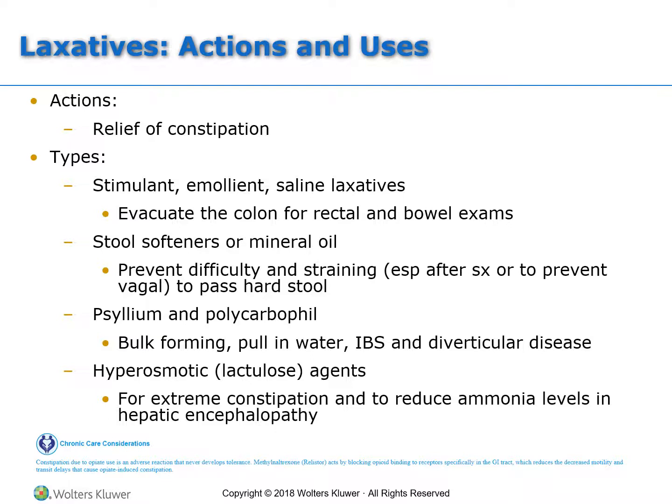Hyperosmotic or lactulose agents. This medication is used for extreme constipation, so if somebody has a partial obstruction or partial fecal impaction, to try to pass that stool. But also, and maybe more commonly, it's used to reduce ammonia levels in hepatic encephalopathy.